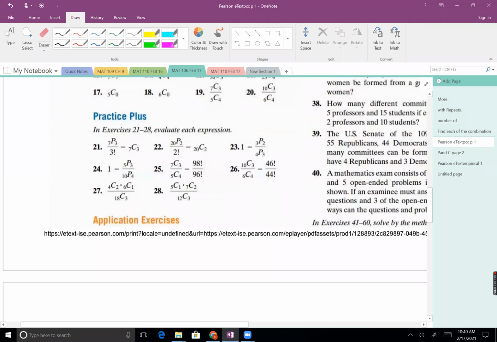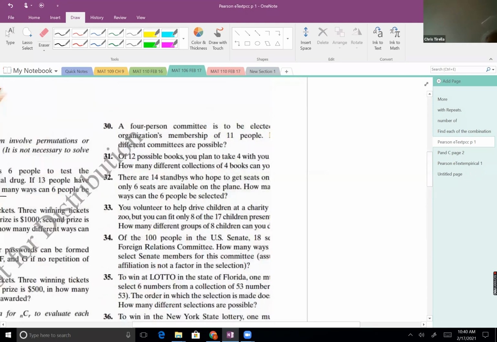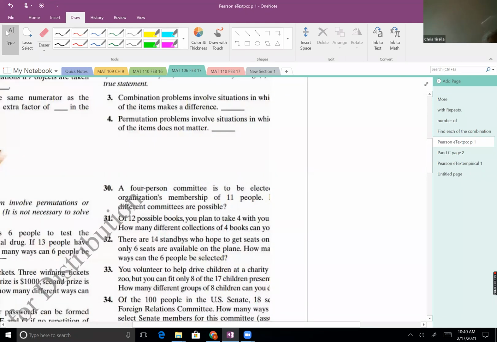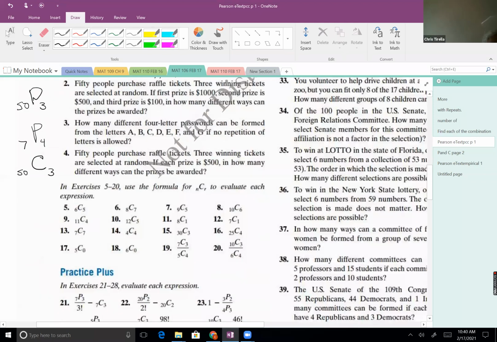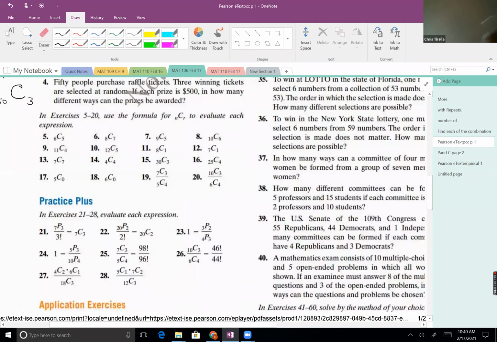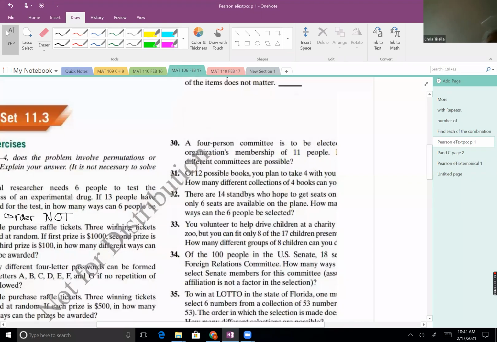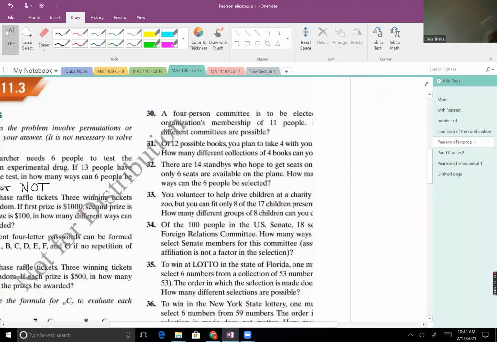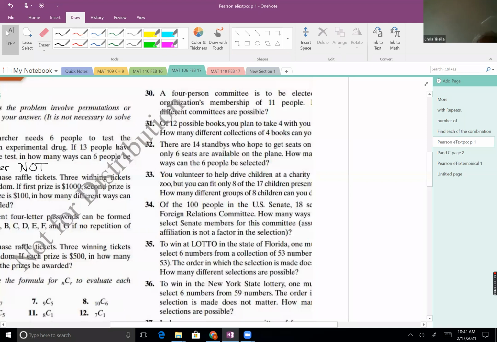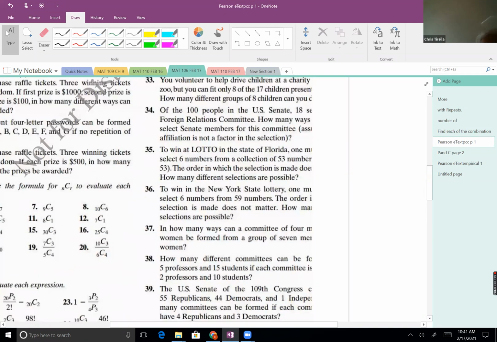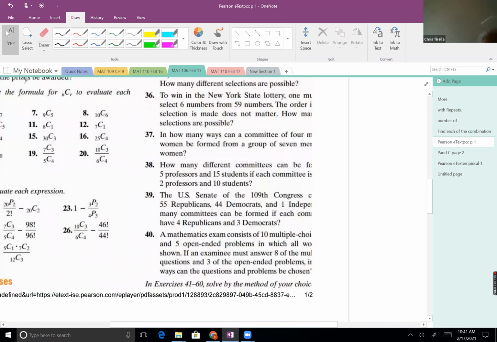Then next column says, whoops, evaluate each expression. Applications, the directions for this one tells you to just use combinations. And somehow that whole page didn't come in there. That's really ugly. Do you see how the paragraph got cut off in the middle?